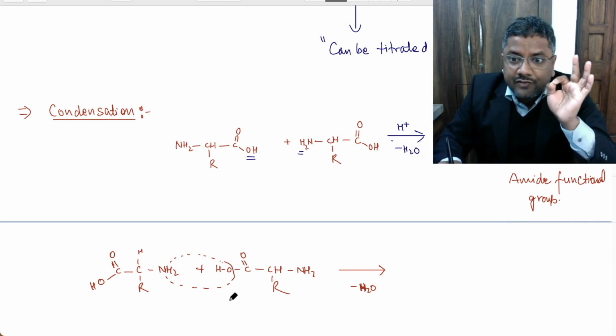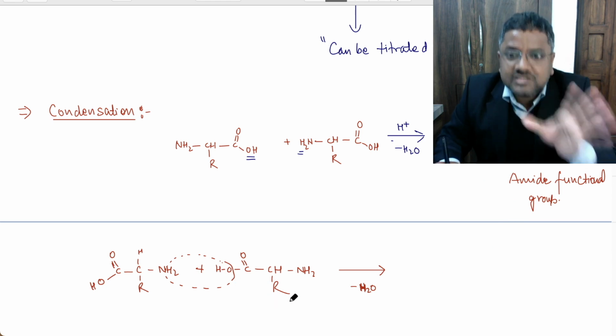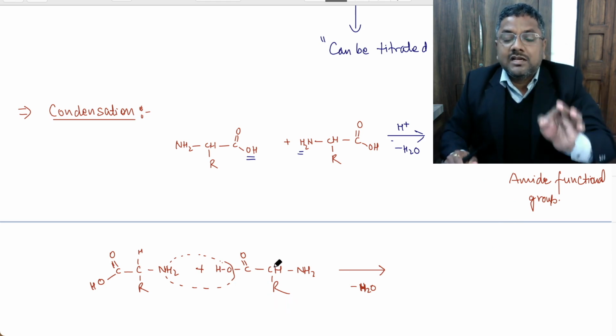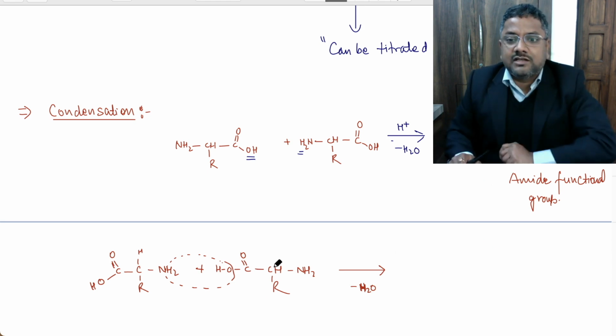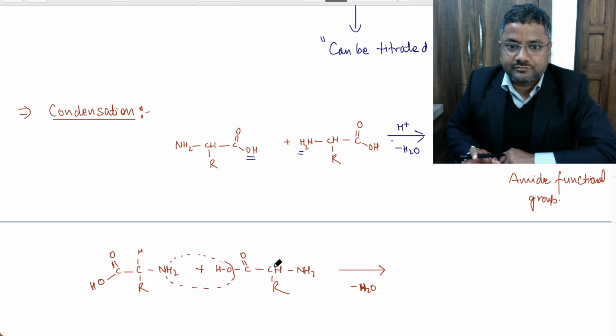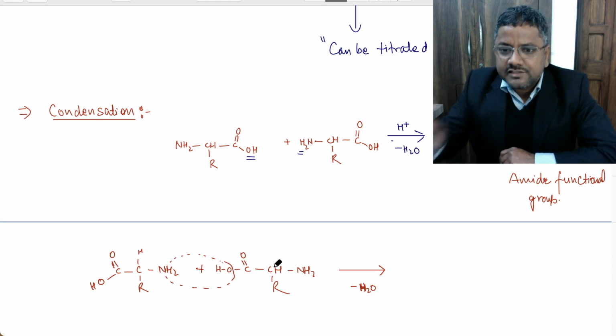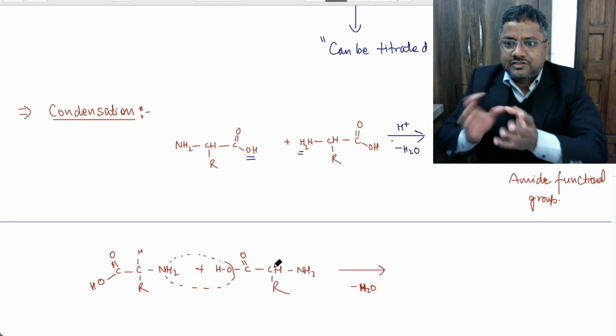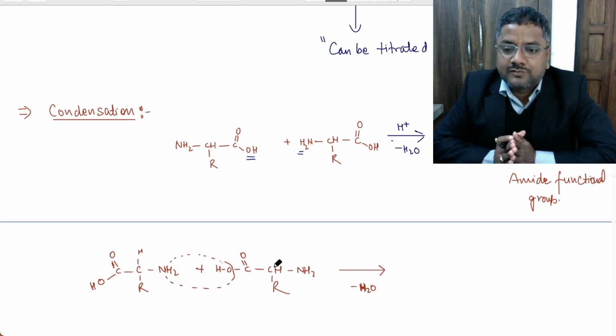Each and every sequence is so systematic in nature that there is no variation. And if there is a variation in the sequence of amino acids, there is a serious problem with humans. Some genetic diseases are related to this change in the sequence of amino acids.